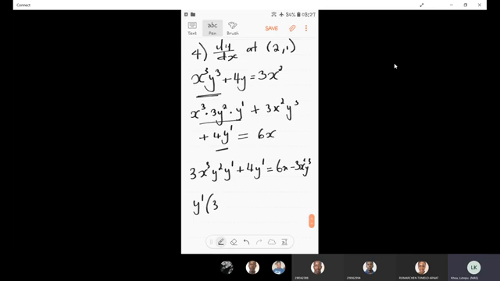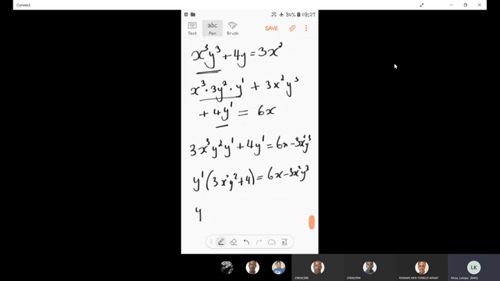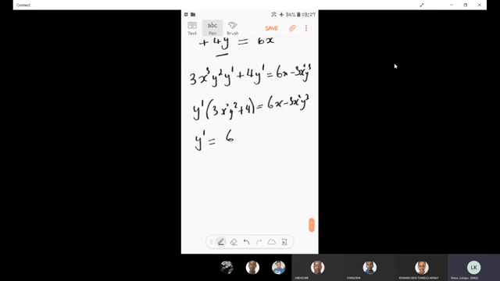This is 3x cubed y squared plus 4. This is 6x minus 3x squared y cubed. And then this means that y prime is equal to 6x minus 3x squared y cubed divided by 3x squared y squared plus 4.